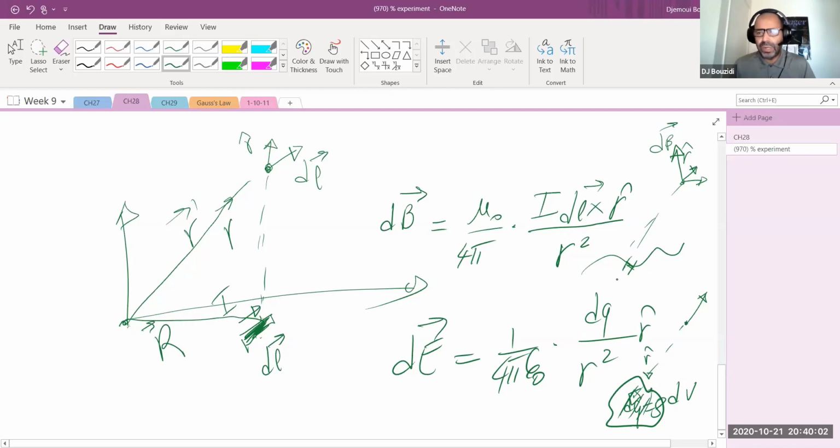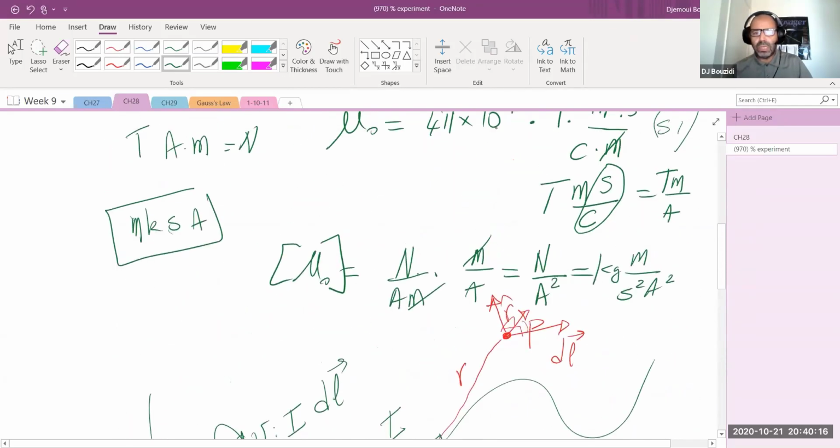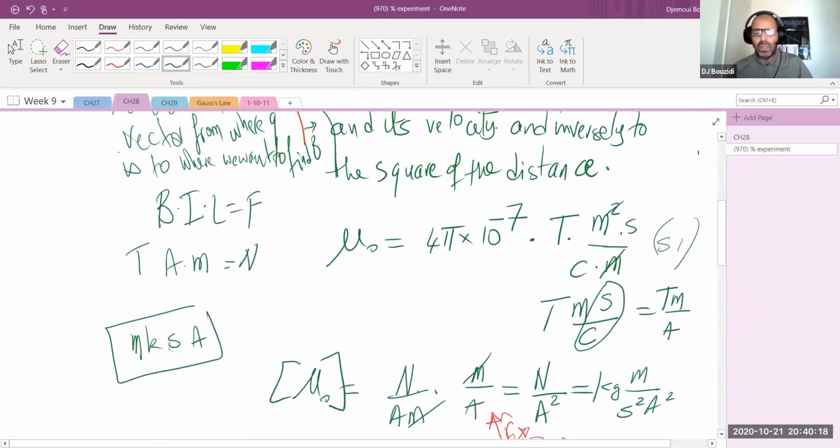1 over distance squared is similar, 4 pi is similar. And the other thing that we immediately notice is that whereas epsilon naught, the permittivity, was living downstairs, now the permeability, which is what this mu naught is called, is living upstairs. So this is actually the permeability of vacuum.